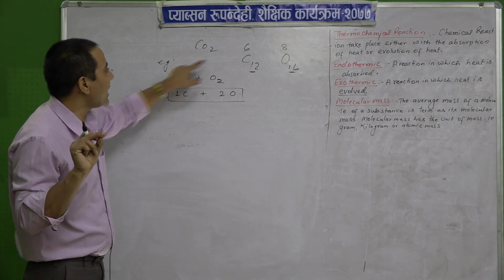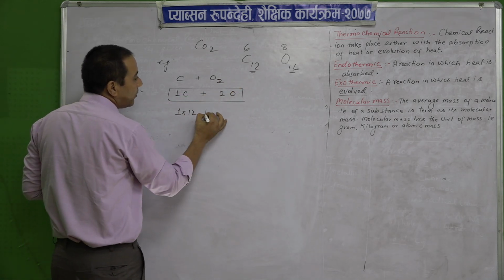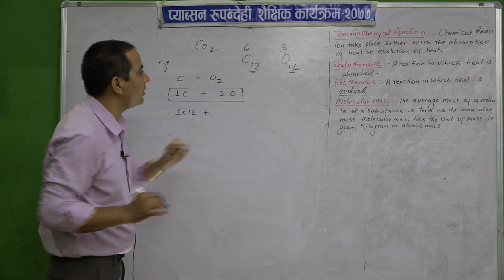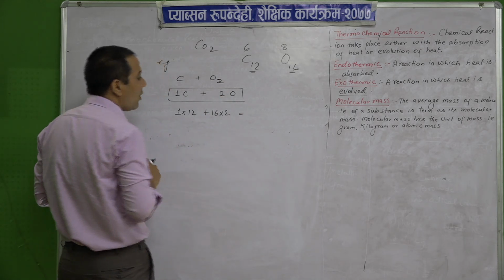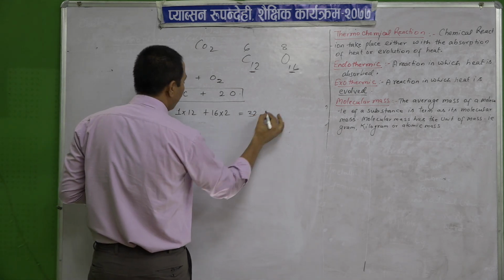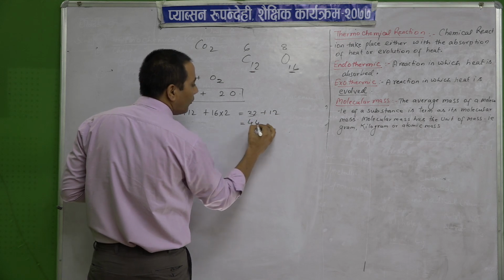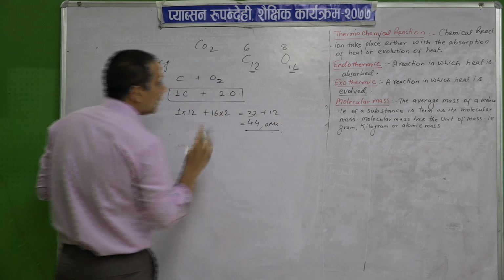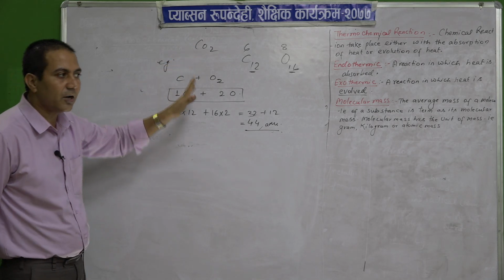The atomic mass of carbon is 12, so 1 into 12 plus the atomic mass of oxygen, which is 16, so 16 into 2 is 32. 12 plus 32 will be 44 AMU, atomic mass units. That is the molecular mass of carbon dioxide. Do you understand what I said?